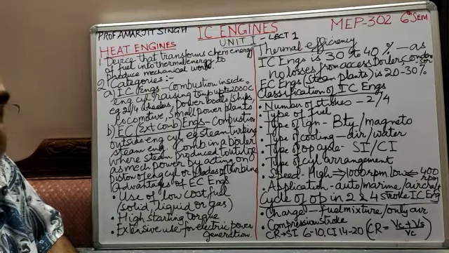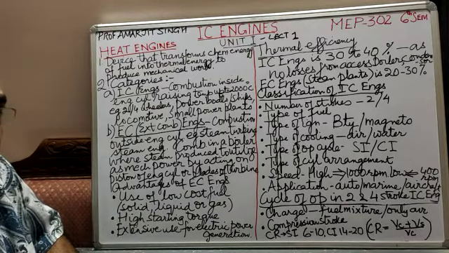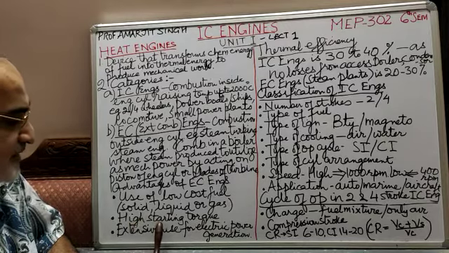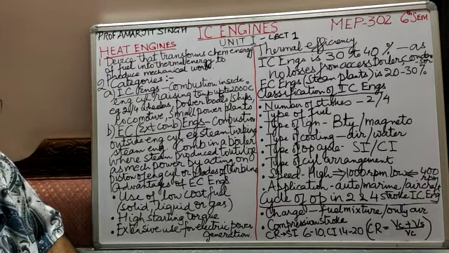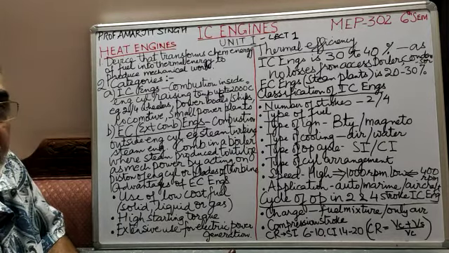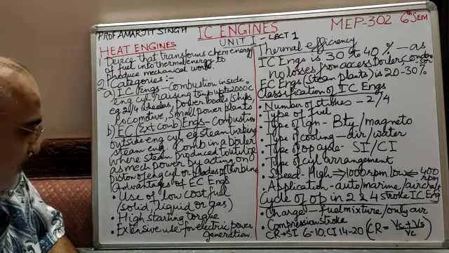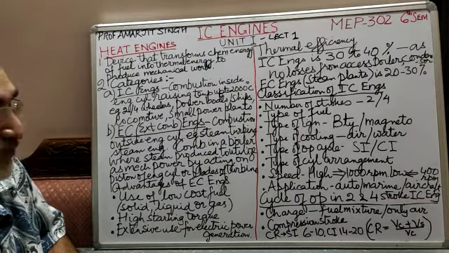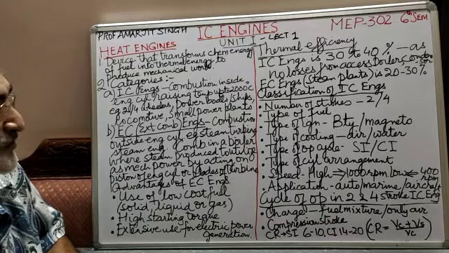The second advantage, compared to the internal combustion engine, is that it has a high starting torque. And for these two reasons, these engines are typically used extensively for electric power generation.